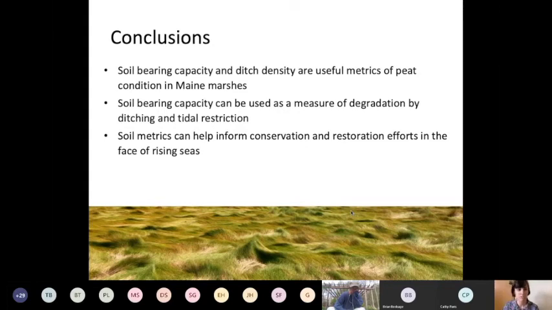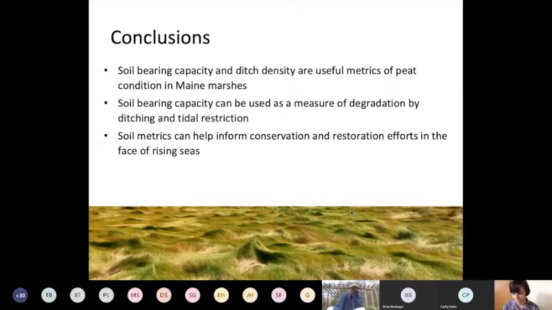So the conclusions of this work are that soil bearing capacity and ditch density are two metrics that are useful. They're both rapid and quantitative and seemingly meaningful, telling the story of peat condition in Maine marshes. This metric, soil bearing capacity, can be used to pick up differences in soil degradation that may be caused by ditching and tidal restriction.